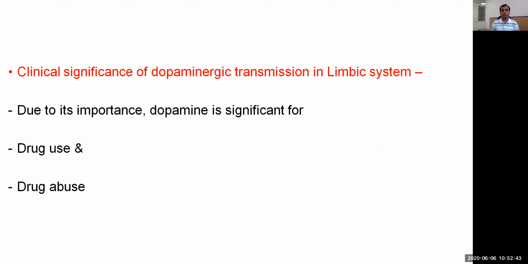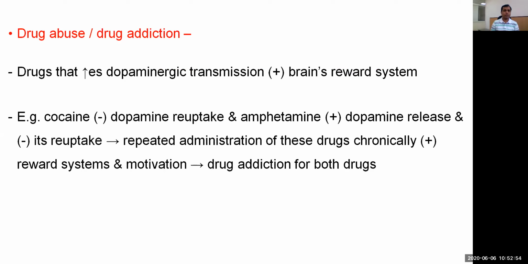Clinical significance of dopaminergic transmission in the limbic system: due to its importance, dopamine is significant for drug use as well as drug abuse. What is drug use or drug abuse? Drugs that increase dopaminergic transmission usually stimulate the brain's reward system, such as cocaine, which inhibits dopamine reuptake, and amphetamine, which stimulates dopamine release and inhibits its reuptake.